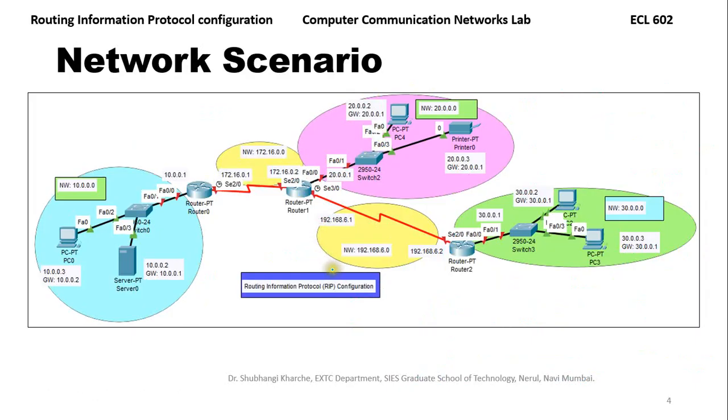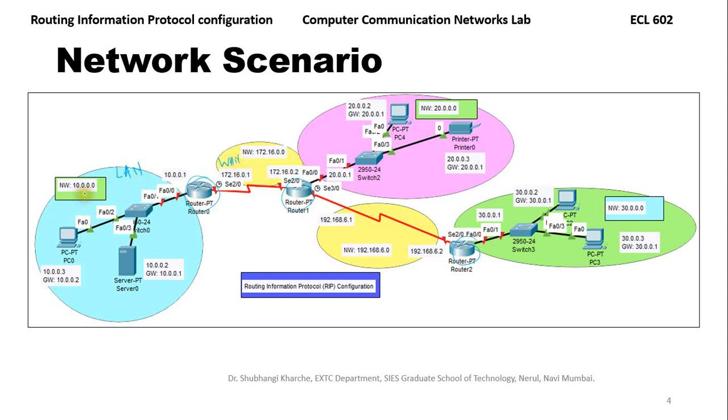Now let us observe this scenario which we are going to construct in the Cisco Packet Tracer, and we are going to configure the RIP routing protocol in this network scenario. As you can see here, there are 3 routers in this network: router 0, router 1 and router 2. Router 0 is connected to a local area network and a wide area network.